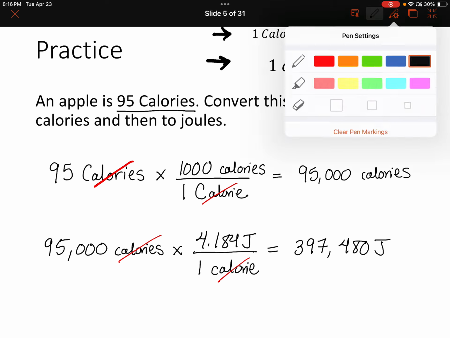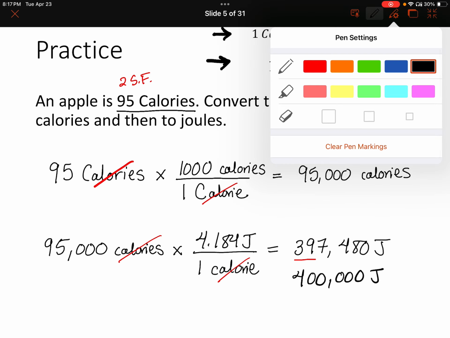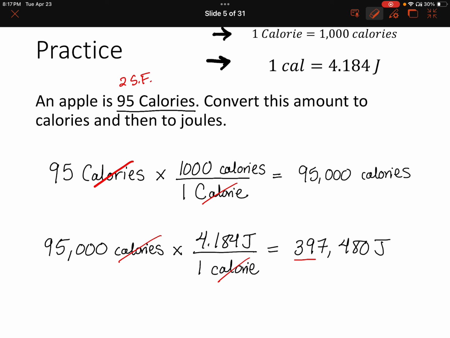However, we were given 2 sig figs in the beginning. So let's limit our answer to 2 sig figs. So what would be an easy way to do this? Well, if we round up, we would get 400,000 joules, but this doesn't really tell us how many sig figs we actually have. So instead, let's use scientific notation, because that's going to express how many sig figs we have.